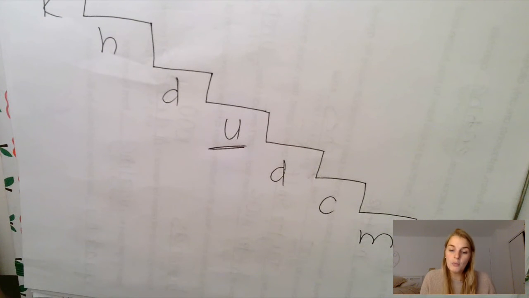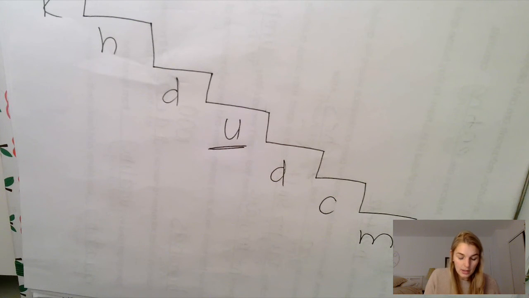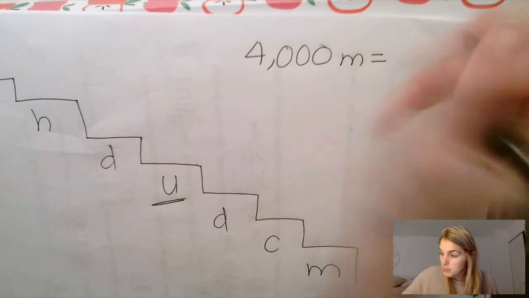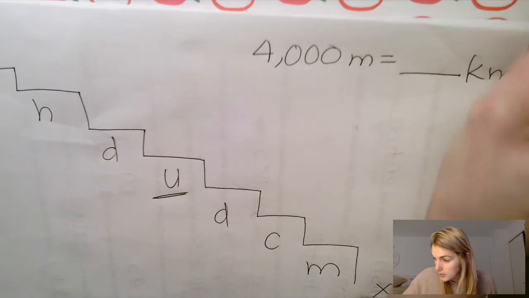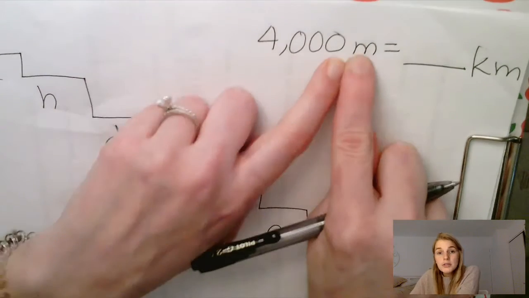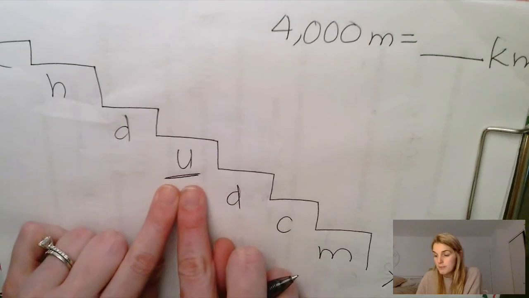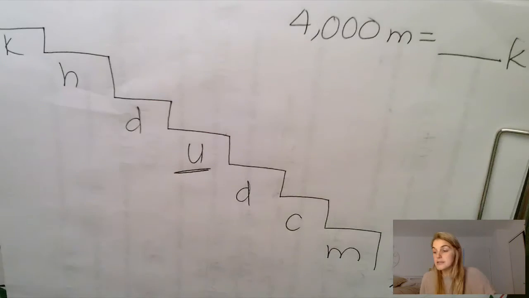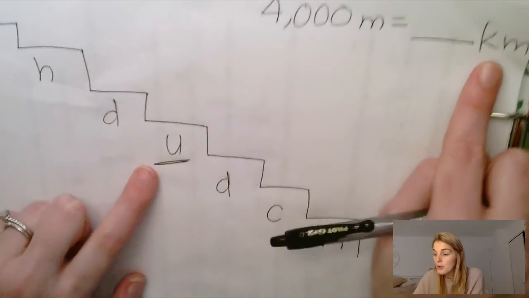So let's try one more with the system. Let's say we are going from 4,000 meters to blank kilometers. Okay, well, meters is our unit of measurement because we're talking about meters. If you like this chart better, you can use it. Remember, units, meters. That's the basis of it. And we're going to kilometers.